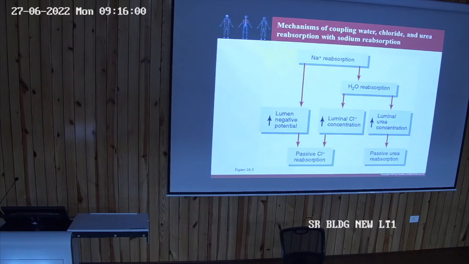This convoluted tubule is strictly impermeable for water reabsorption. Is it true or false? False? How? We cannot say this as a statement, because the distal convoluted tubule or the later part of the distal convoluted tubule is permeable for water molecules under the influence of different hormones.